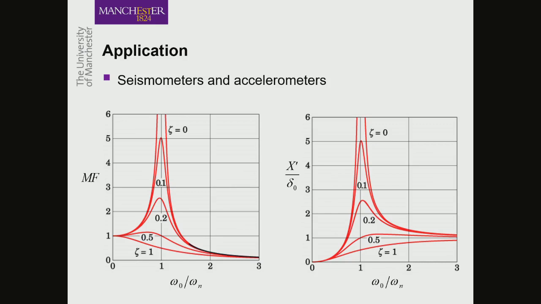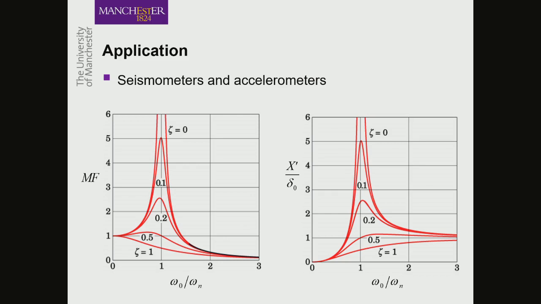The first one we saw, the blue one. The previous one was from our core textbook, and this is from Meriam's book. They are the same. The zeta represents c over c_c, our damping ratio.